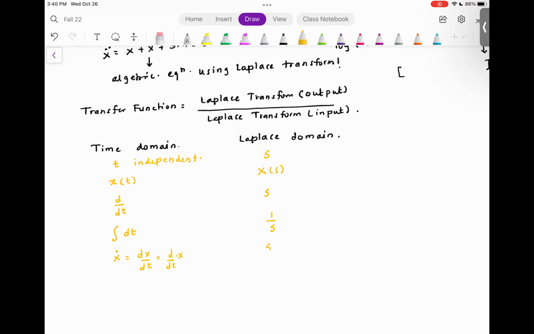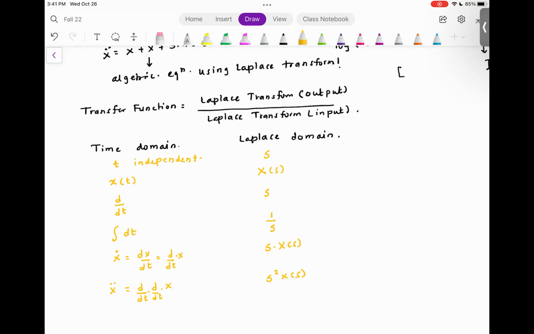This will become s times X of s. Are you with me so far? If this equation is x double dot, then this is going to be d by dt, d by dt x, and this is going to become s square X of s. Are you with me so far?